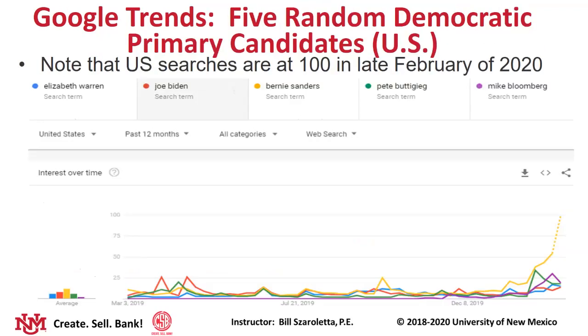But let's add in Joe Biden, Bernie Sanders, Pete Buttigieg, Mike Bloomberg, and we can see how they all go together. So on any particular day, you can see what was the most, but in the past 12 months, Bernie Sanders has the most searches. So he's got 100, and everybody else is proportionately down from that.